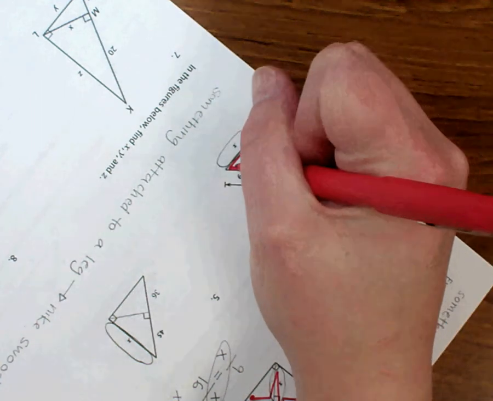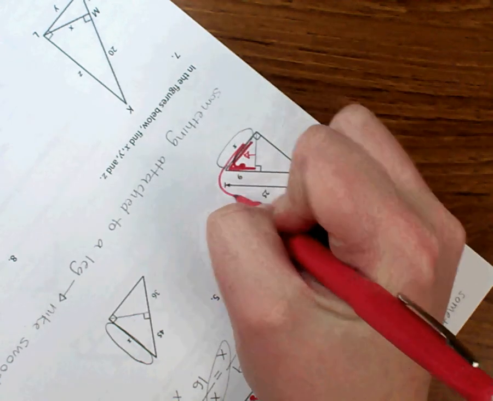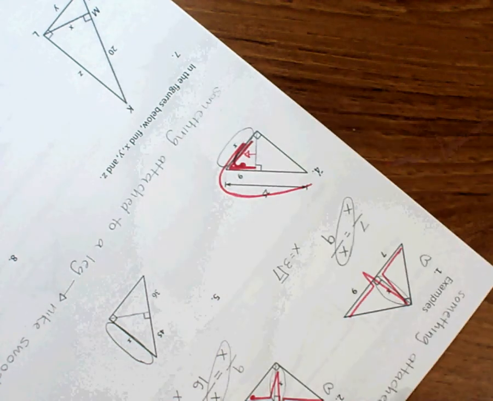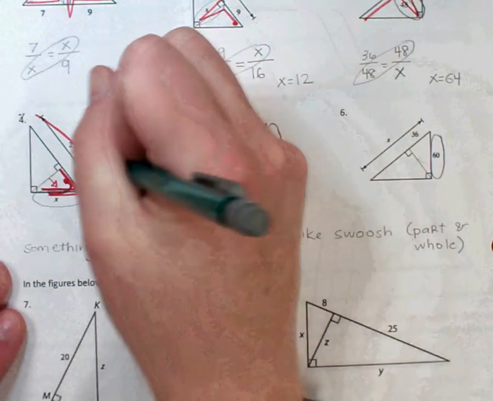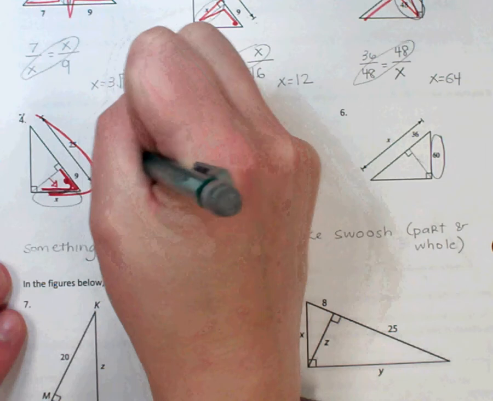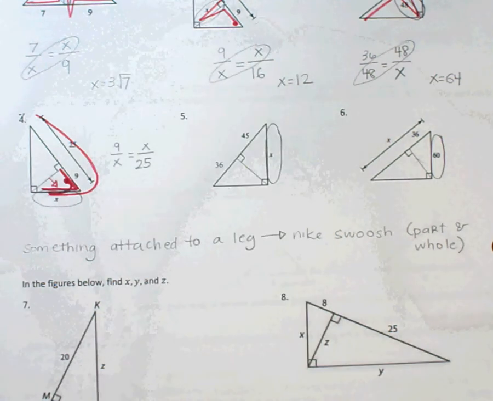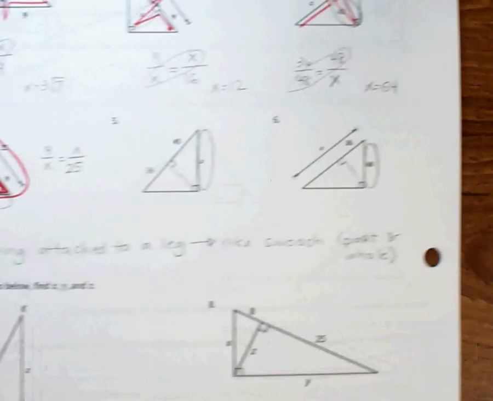So 9, I go from 9 up the leg to x, back down the leg and across the whole hypotenuse. Written as a proportion, that becomes 9 over x equals x over 25. That leg is the geometric mean. It appears twice.